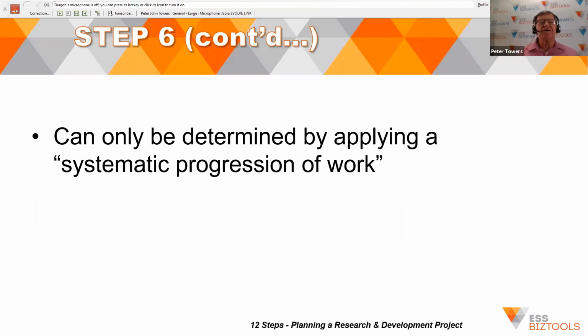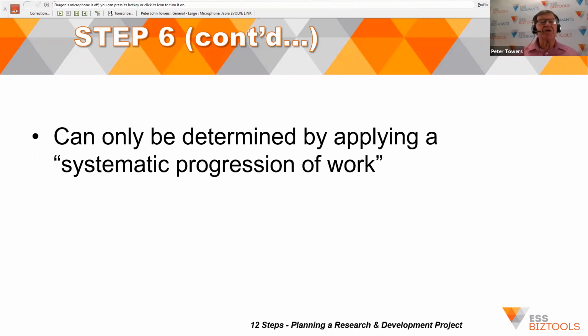And the key words in the legislation are the systematic progression of work. The company needs to methodically step through a process. There are really no shortcuts. It has to be documented, and the results of experiments have to be recorded. Because the government expects that a business will undertake these research and development activities in a similar way to how research activities are conducted at a university.